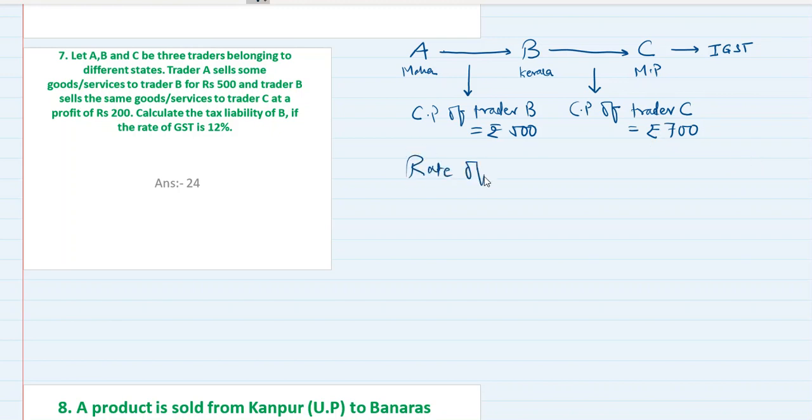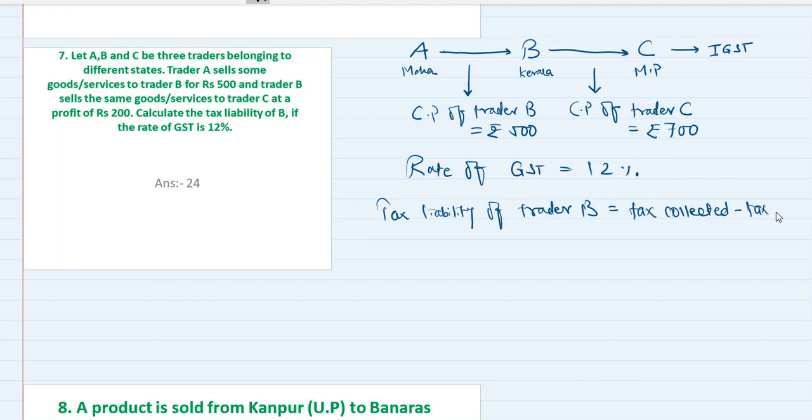So first method I'm going to show you: tax liability of trader B is equal to tax collected minus tax paid.